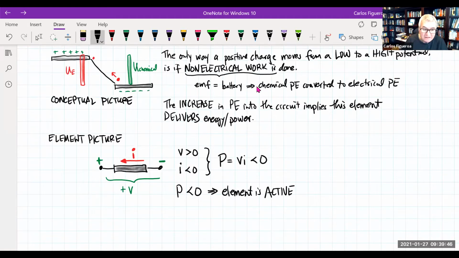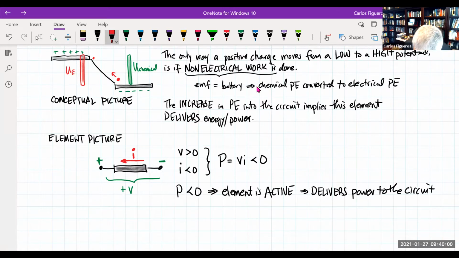And what does active mean? It means it delivers power to the circuit. And that is the definition of an active element.